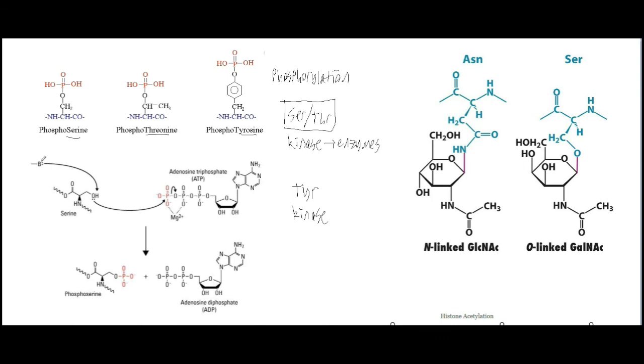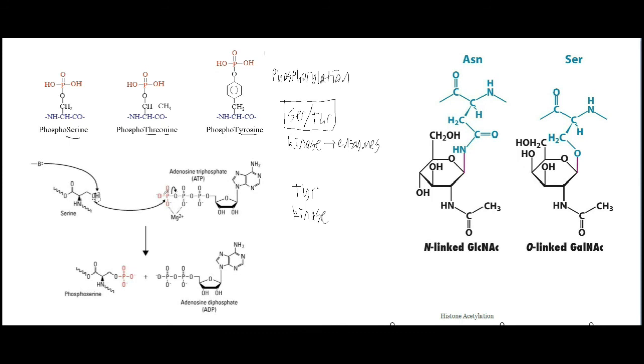So in a protein, we will often have some kind of base here that will deprotonate the serine here, or it could be the same thing on a threonine or a tyrosine.